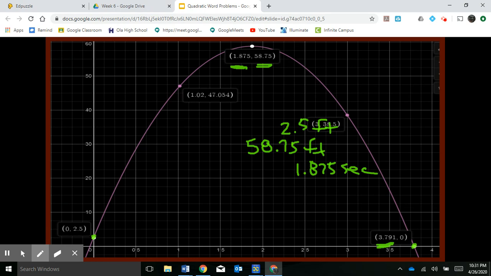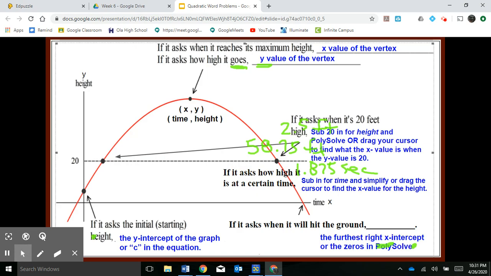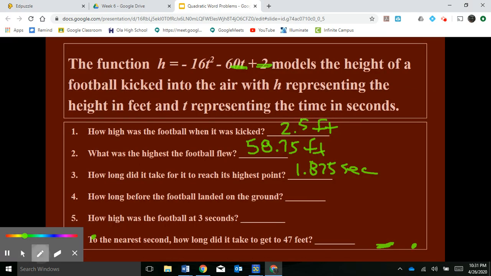So it hit the ground in 3.791 seconds. Oops, sorry about that. 3.791 seconds. Notice it asks for time, that's always the x value. As for height, that's always the y value.